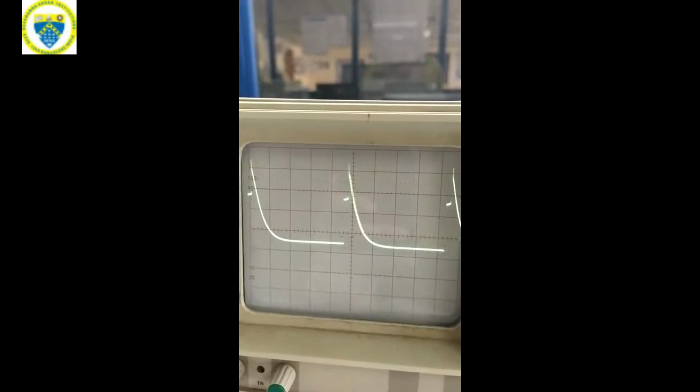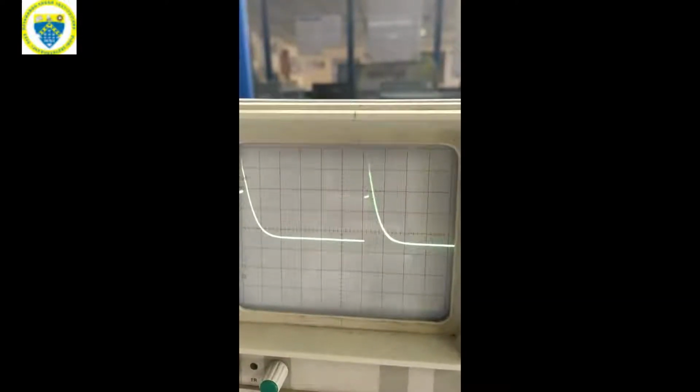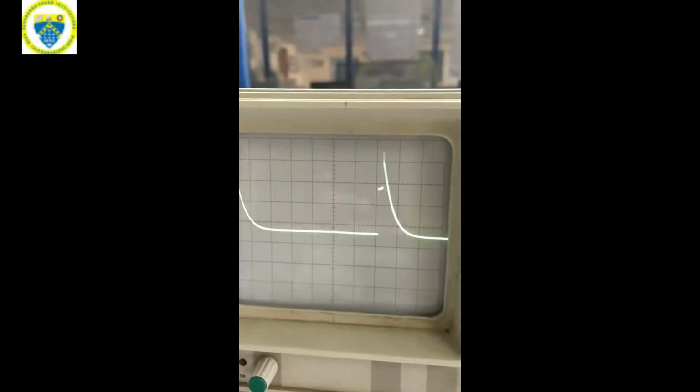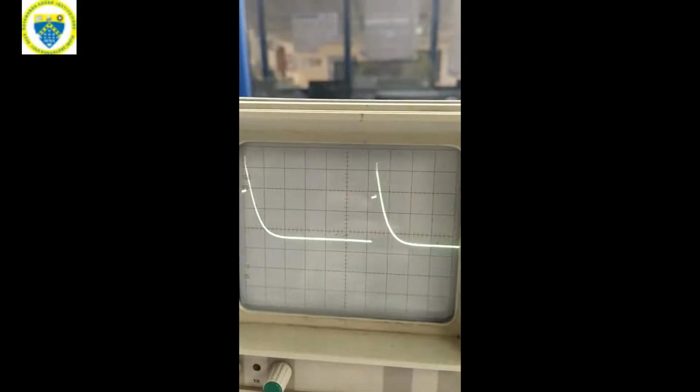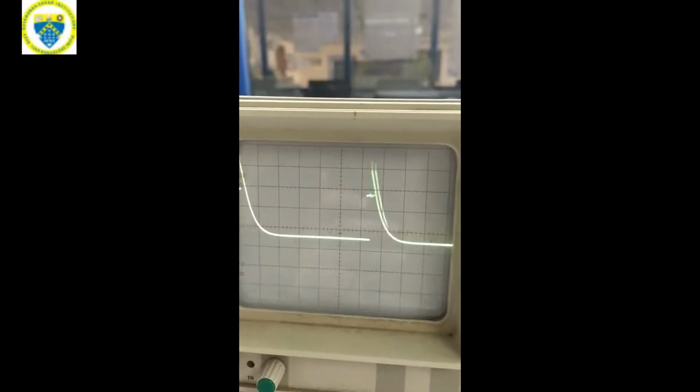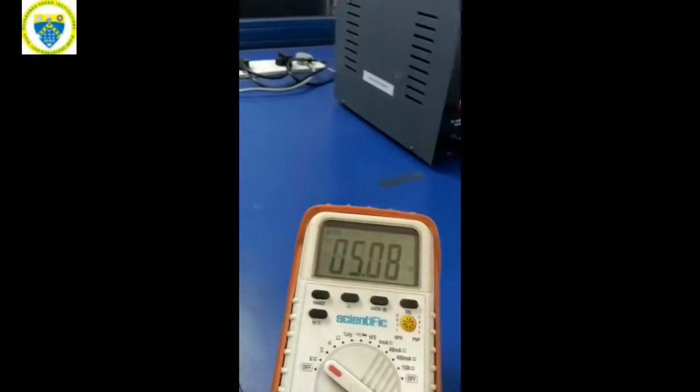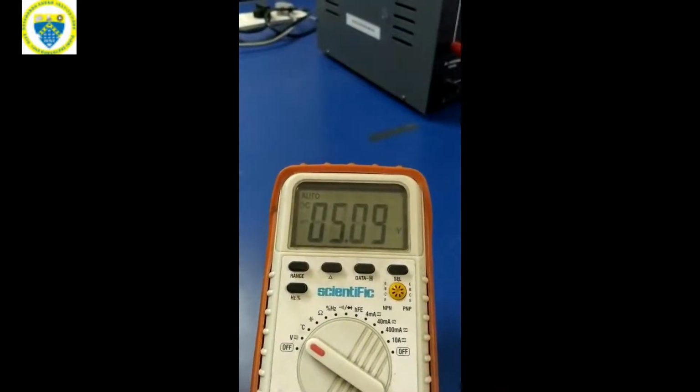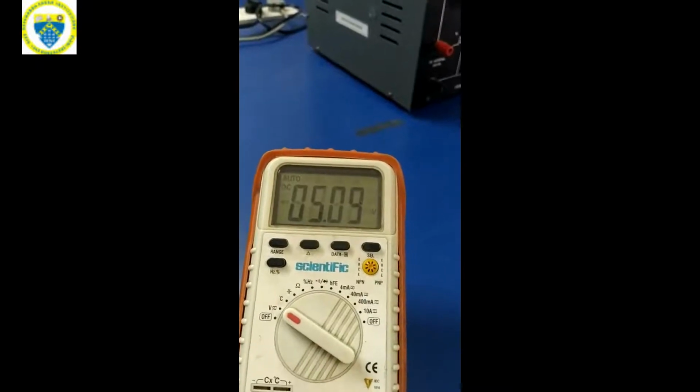Again 3 different readings with different values of frequencies can be noted. For all different values of inductance, load voltage is also noted down.